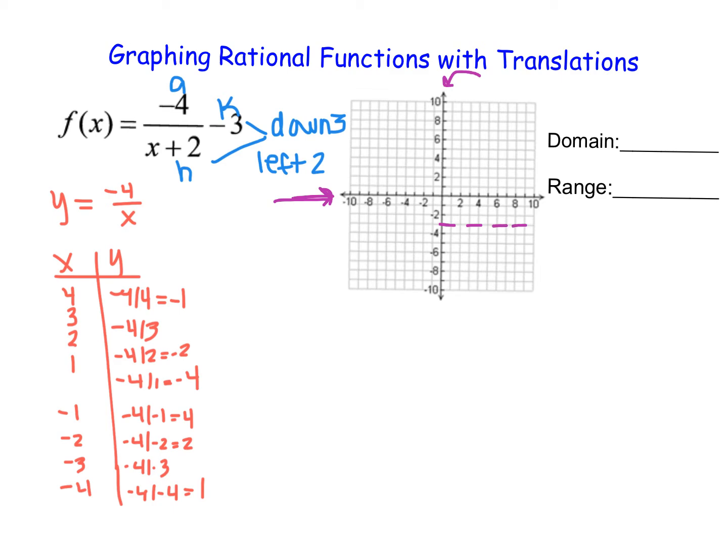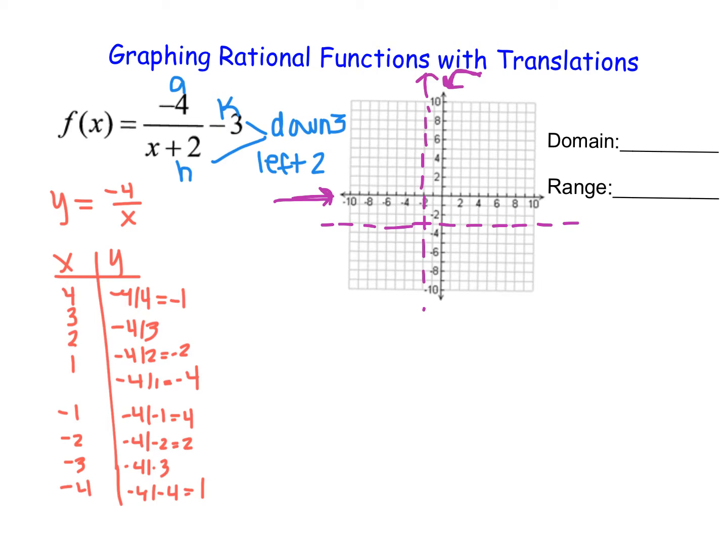So I'm going to have an asymptote here that has moved down 3, because that's how the whole graph is going to move. I then have this asymptote here that has moved left 2. This is going to be the new center point for my hyperbola. It's no longer centered at 0, 0. It's moved left 2, down 3. So the asymptotes follow suit.